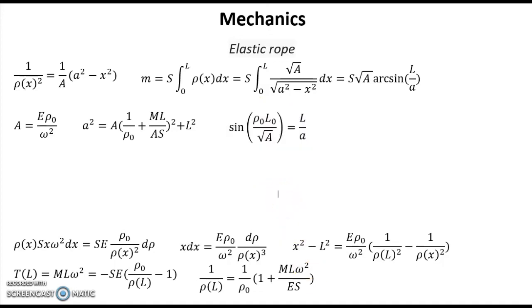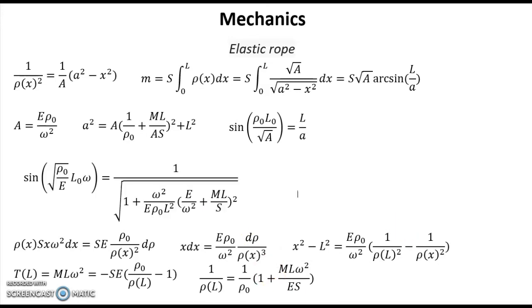And after we put A and B, we will get this expression. This formula gives us the dependency of L on omega in this functional way, and this is the answer.